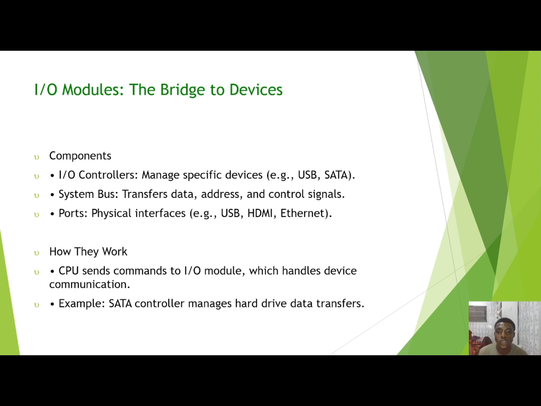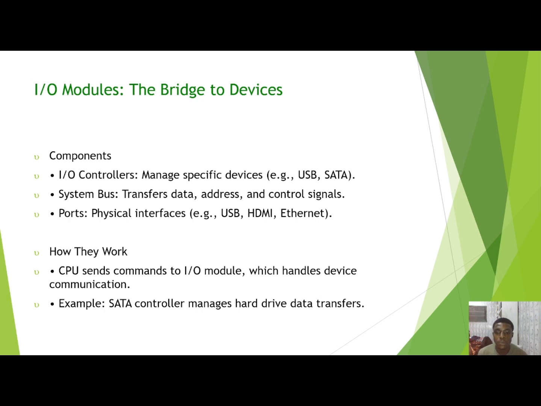The I/O controllers manage specific devices, like the USB. The system bus is just the wires that connect the CPU to the ports, and the ports are physical interfaces that accept peripheral devices like the USB.